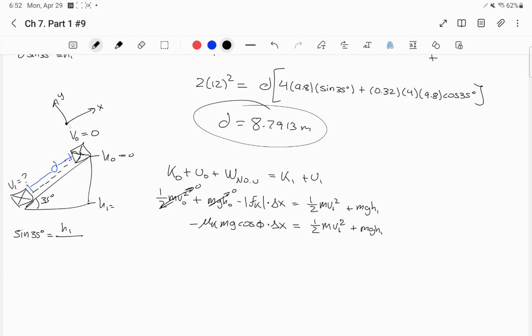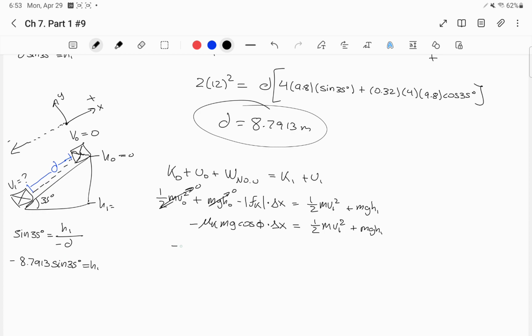Now, because we place the origin right where the block is, all these numbers are going to be negative. And all these numbers are going to be positive. So therefore, our distance becomes negative. So we have a negative distance. Therefore, we have a negative 8.7913 sine of 35 degrees is equal to h1.